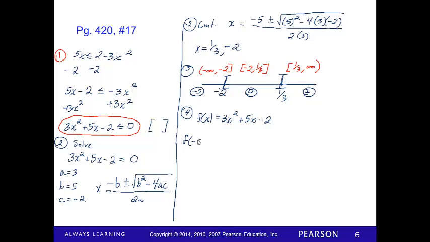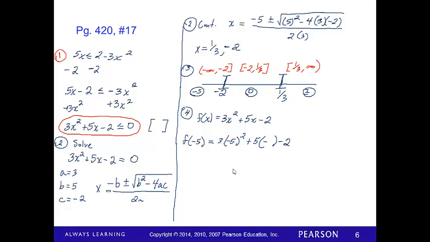So f of negative 5. Everywhere we see an x, we're going to put a negative 2, and then we're going to get our handy-dandy calculators out. And let's see what we come up with. Well, obviously I was about to make a mistake, wasn't I? I should be plugging negative 5 in.